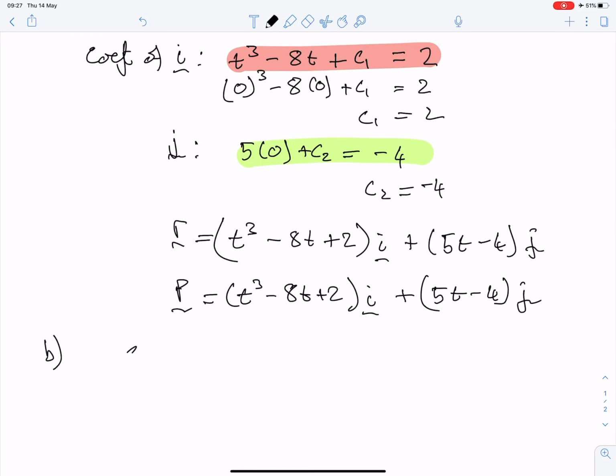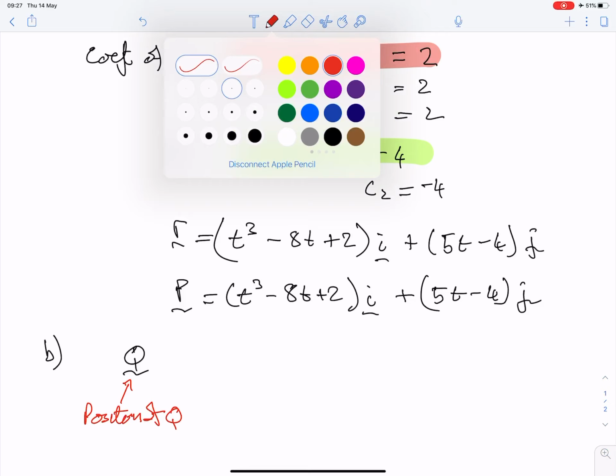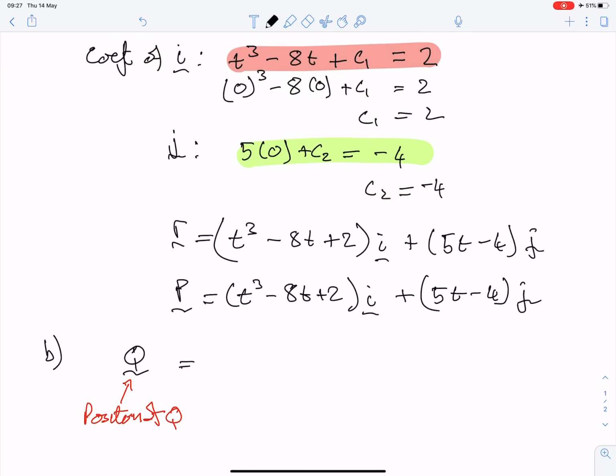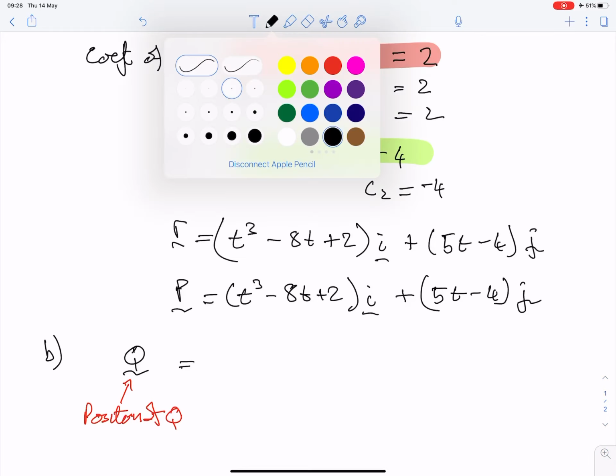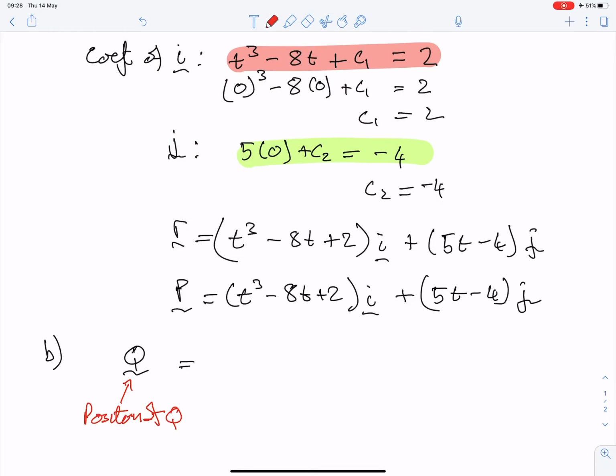So the position of Q is going to be equal to, and in general terms this is fairly useful as a way of thinking, let's just give a general equation.